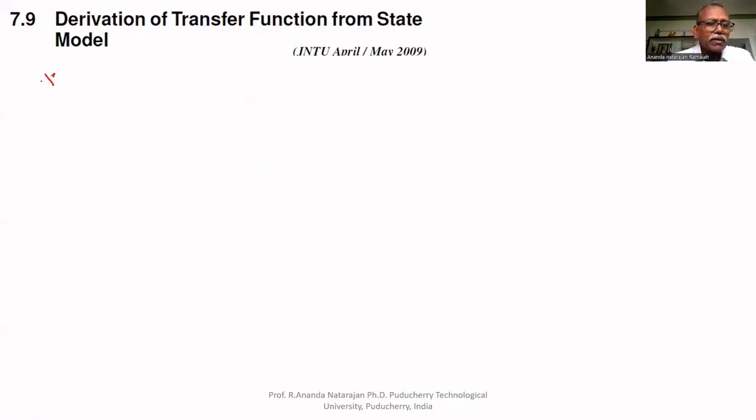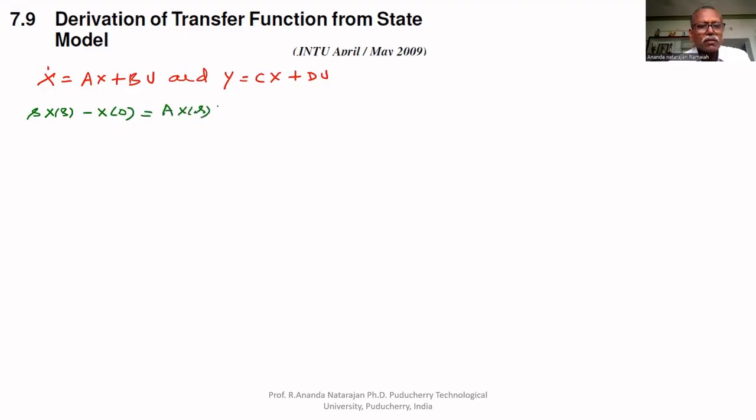The state space model is x dot equal to Ax plus Bu, and the output equation y equal to Cx plus Du. Take the Laplace transform on both sides, you get sX(s) minus x naught equal to AX(s) plus BU(s).